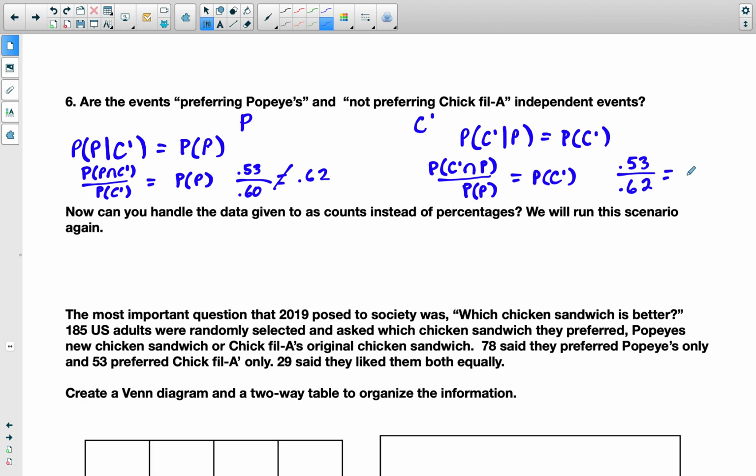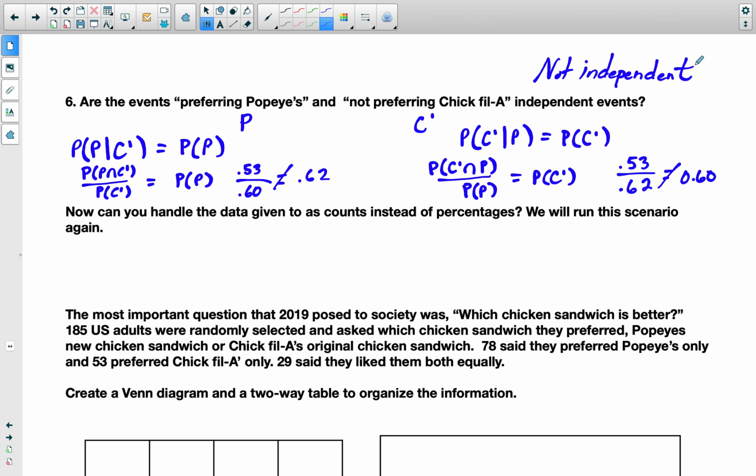And that should be equal to the probability that they do not prefer Chick-fil-A, which is 0.6. So those are not equal. So I've solved both possibilities, or both ways. And I find that they're not equal, so they're not independent. They are influencing each other. Knowledge of one does affect the probability that the second event occurs.